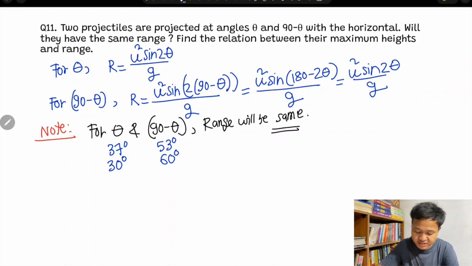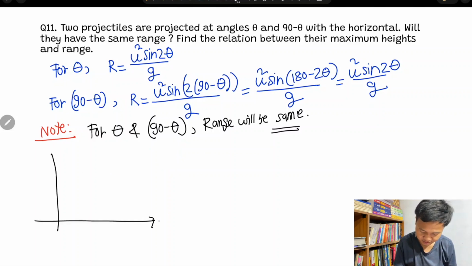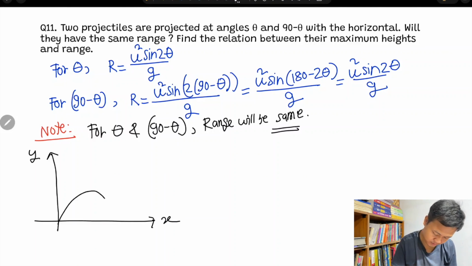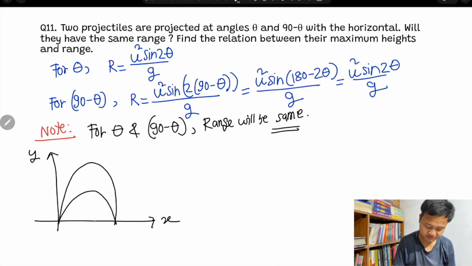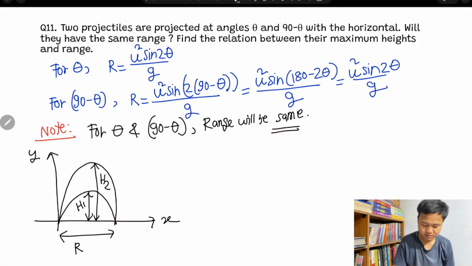So next part is to find the relation between their maximum height and range. Suppose I have two projectiles, like this and like this. They have the same range. The first one has maximum height, let's say h1, and the second one has maximum height h2.